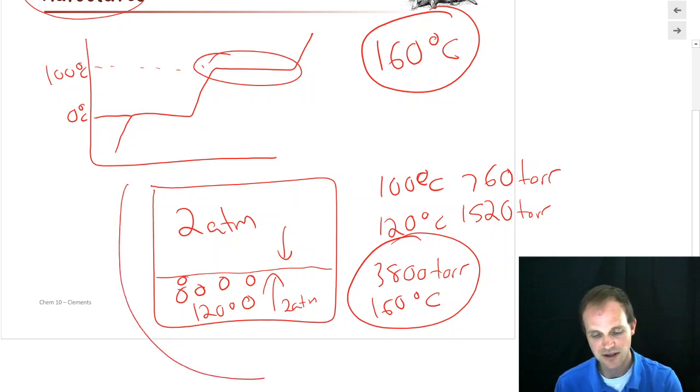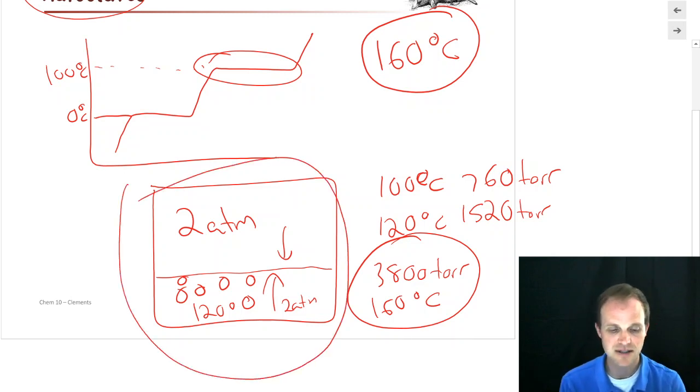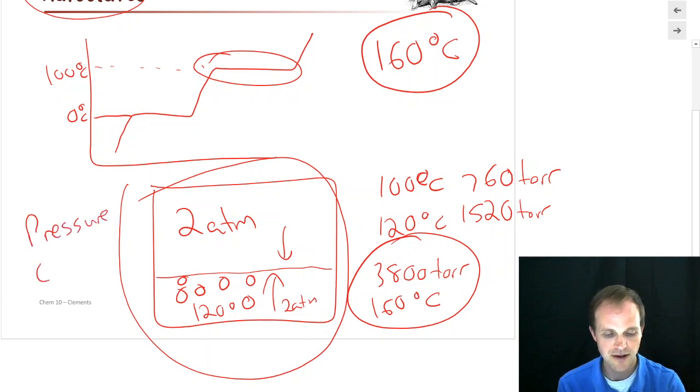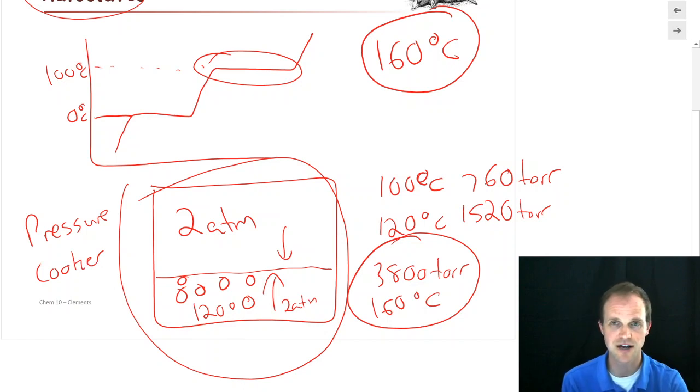Now, this one over here is actually a good example, because this is what we call a pressure cooker. If you've ever used a pressure cooker or seen chef shows where they use one, what does it do? It takes meat usually and cooks it really, really quickly. How does it do that? It puts it in 120 degrees Celsius boiling water instead of 100 degrees Celsius boiling water.